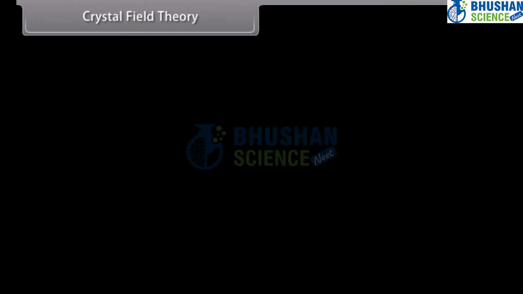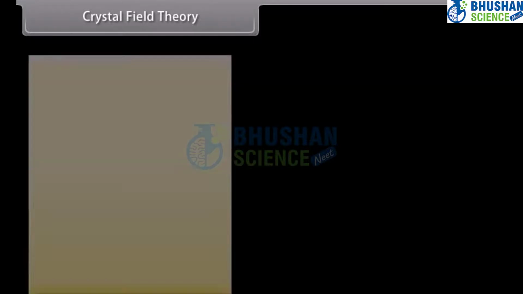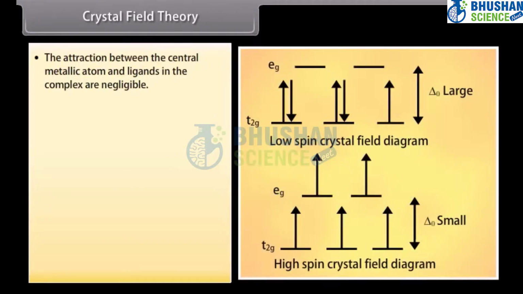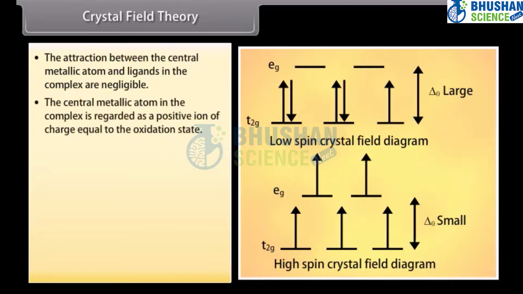Crystal field theory. The important points of the crystal field theory are the following. The attraction between the central metallic atom and ligands in the complex is purely electrostatic. The central metallic atom in the complex is regarded as a positive ion of charge equal to the oxidation state.